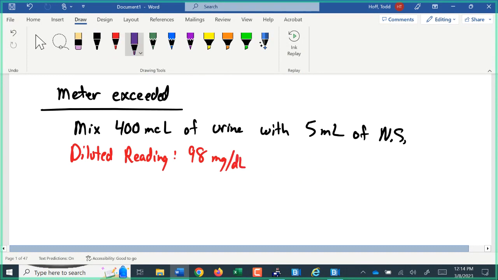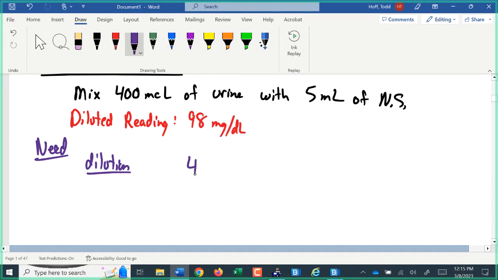Well, to find the true reading here, first thing we need to know is the dilution. So here the serum is going to be the urine. That's 400 microliters. Now I use the medical abbreviation MCL, but remember there's also the abbreviation microliters like that.